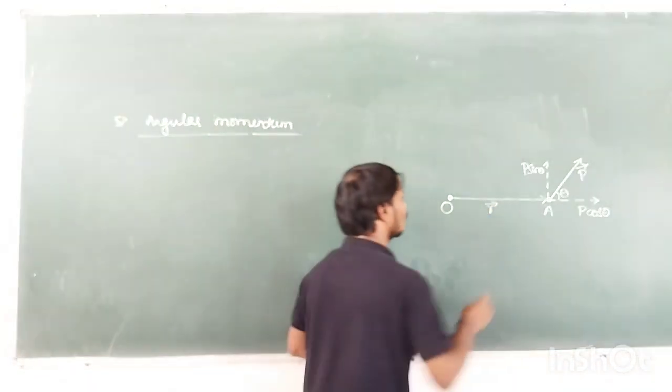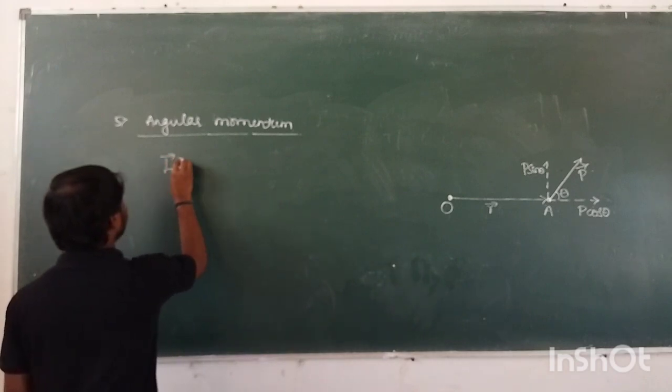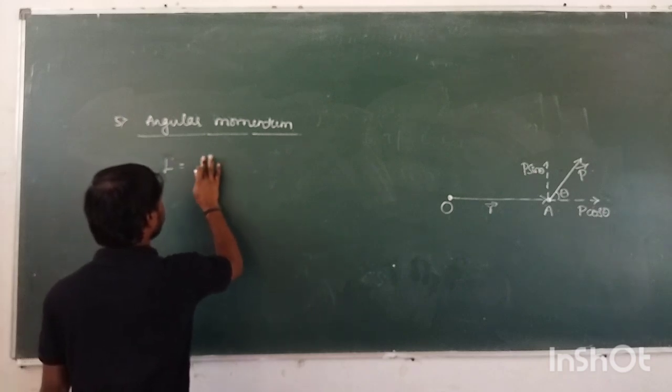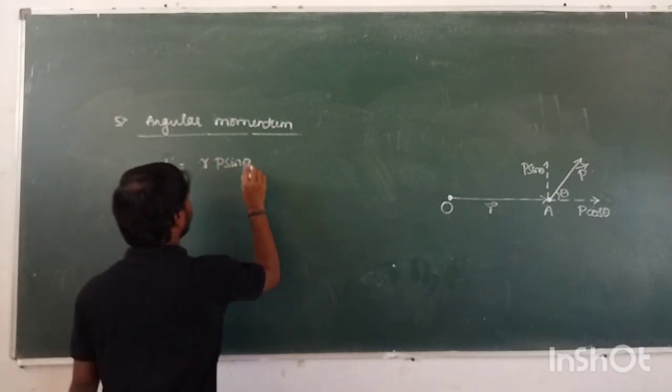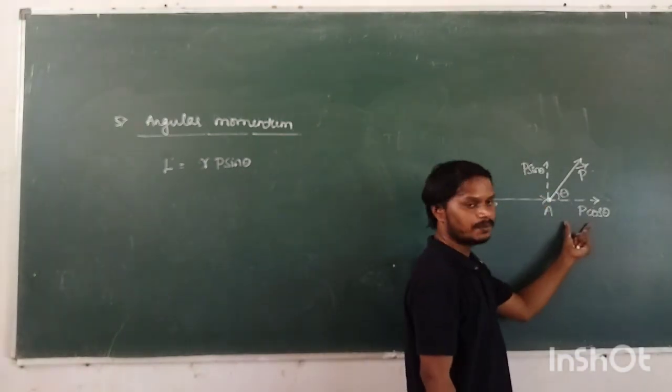Now, the expression for angular momentum, that is L, is equal to R into P sin theta, because we have to take P sin theta but not P cos theta.